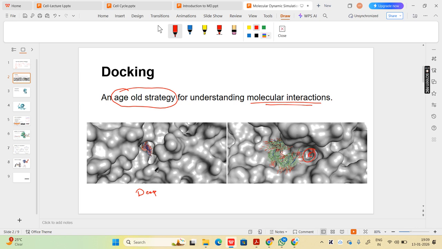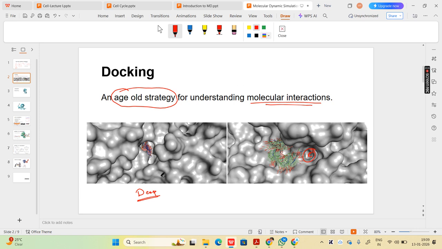Can you guess? This ligand is very big, and it cannot enter this space. The same thing holds good for this one also, but it has entered inside the cavity. So how is it possible?